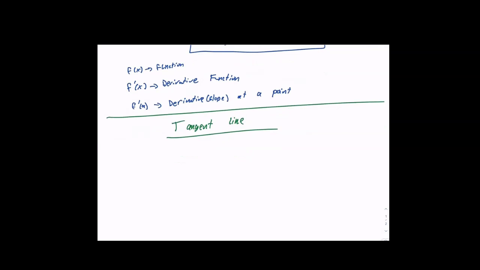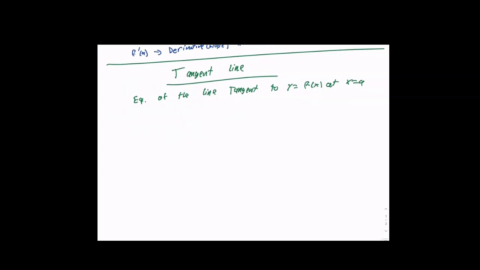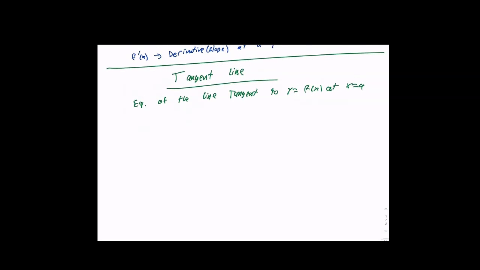So if you're finding the equation of the line tangent, and we could have done normal as well, we'll say just tangent right now, to y equals f of x at x equals a, and you're going to be given the function f of x. It's a very important formula: y minus f of a, not f of x, equals f prime of a times x minus a.